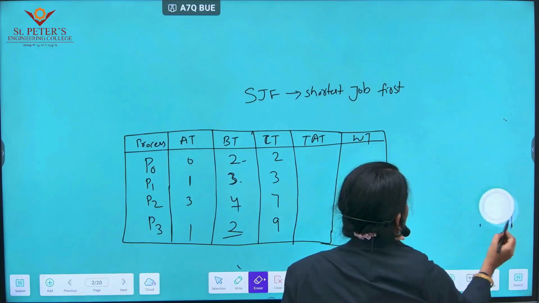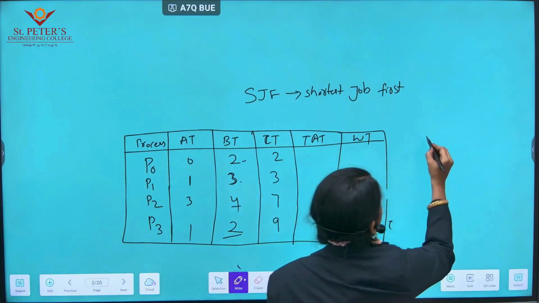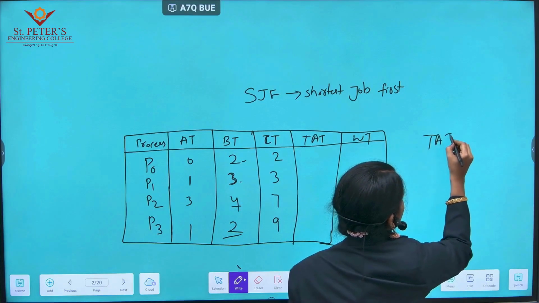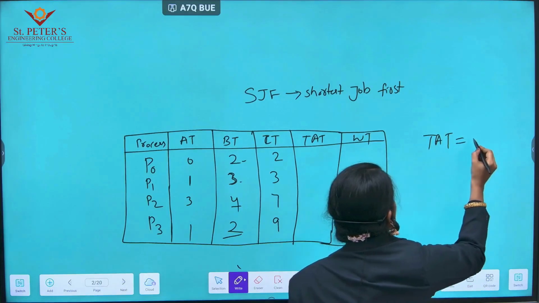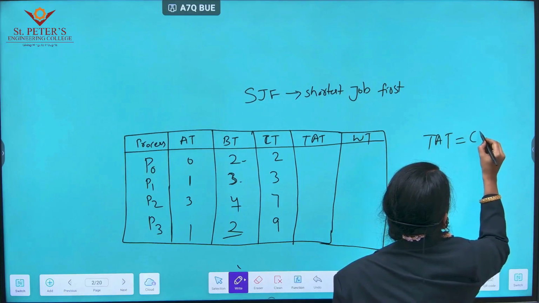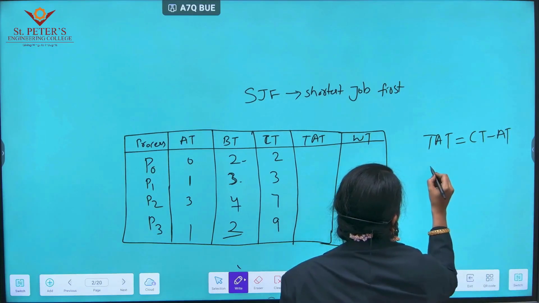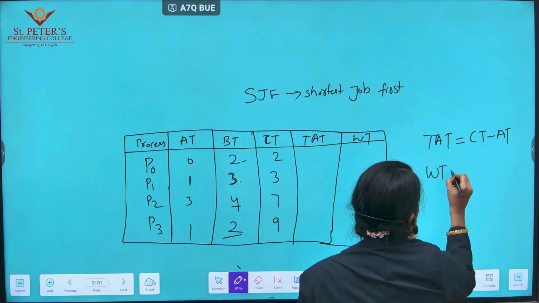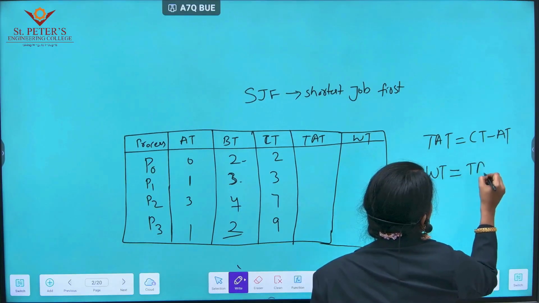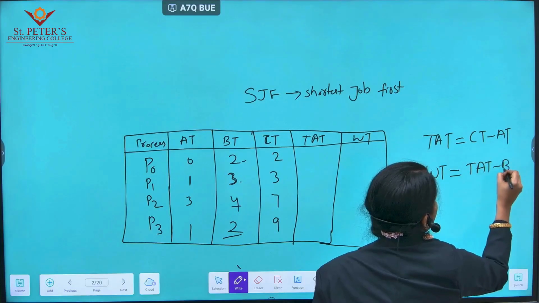Okay, then we have to find out the turnaround time, TAT. The formula is completion time minus arrival time. Next WT, waiting time, formula is turnaround time minus burst time.